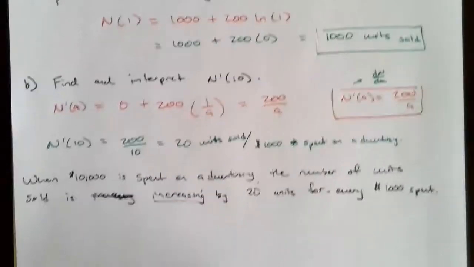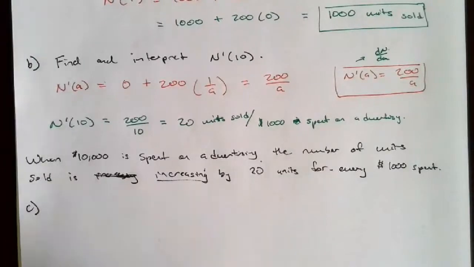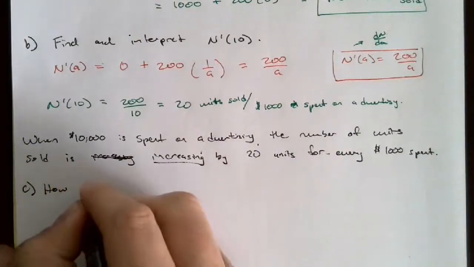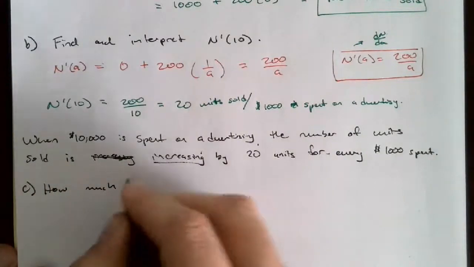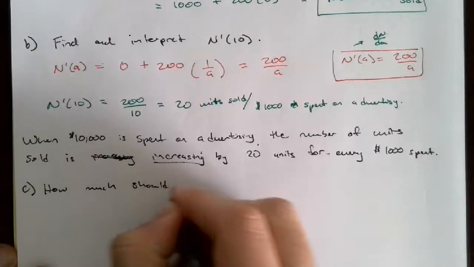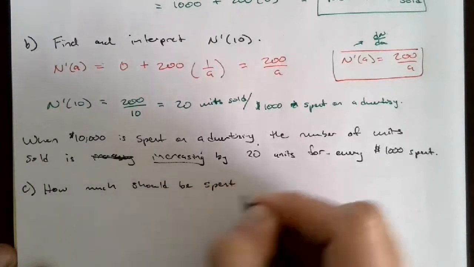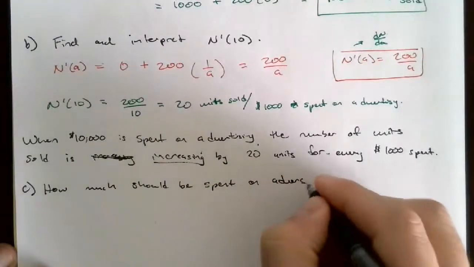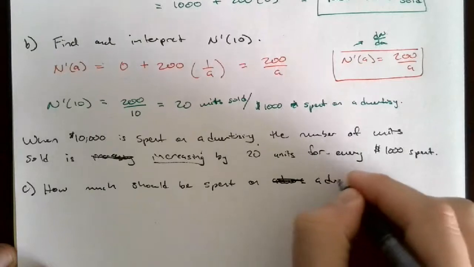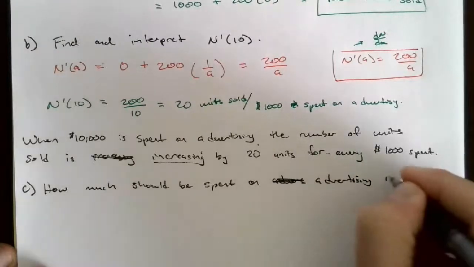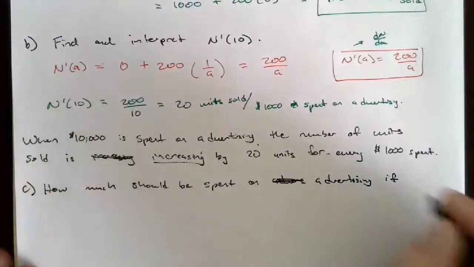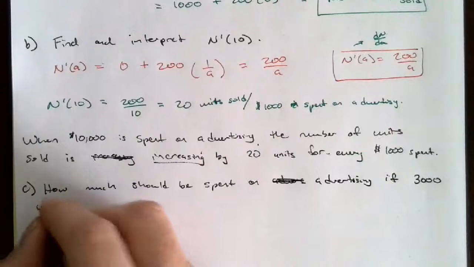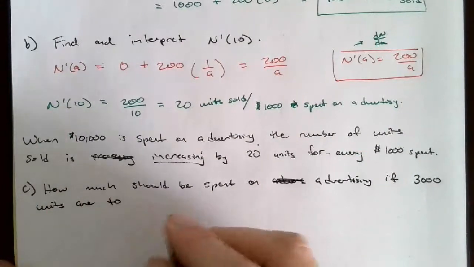And then maybe we'll just do this problem here, just last question, just as a review. If I said how much should be spent on advertising if 3,000 units are to be sold.